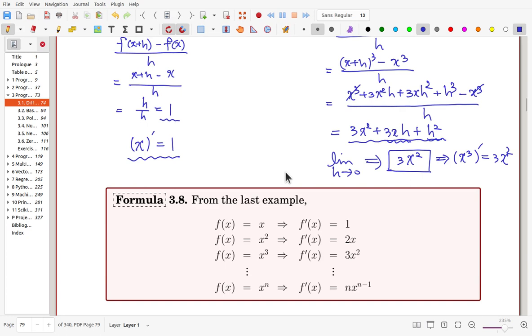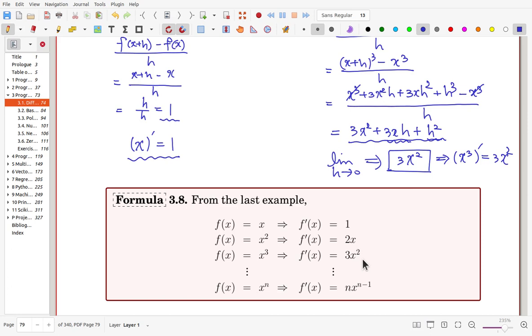Here we write down the results. For x, its derivative is 1, we found here. For x squared, its derivative is 2x. And here we have x cubed, its derivative is 3x squared.